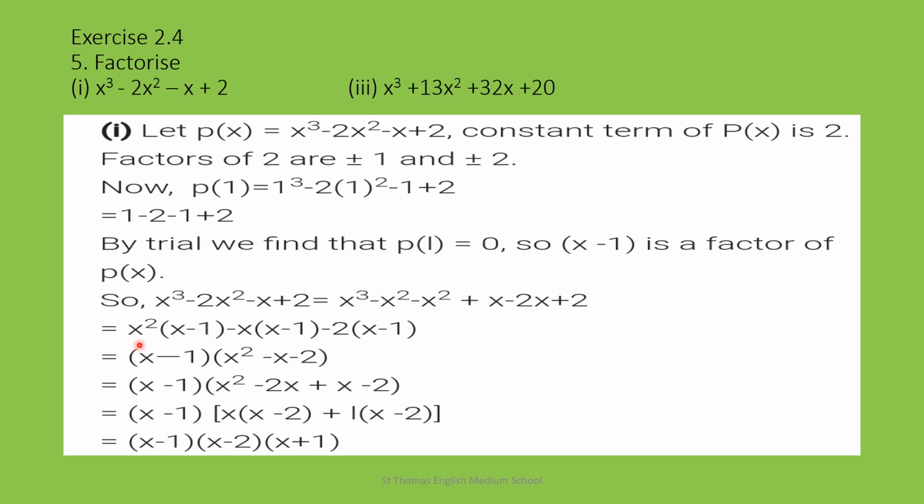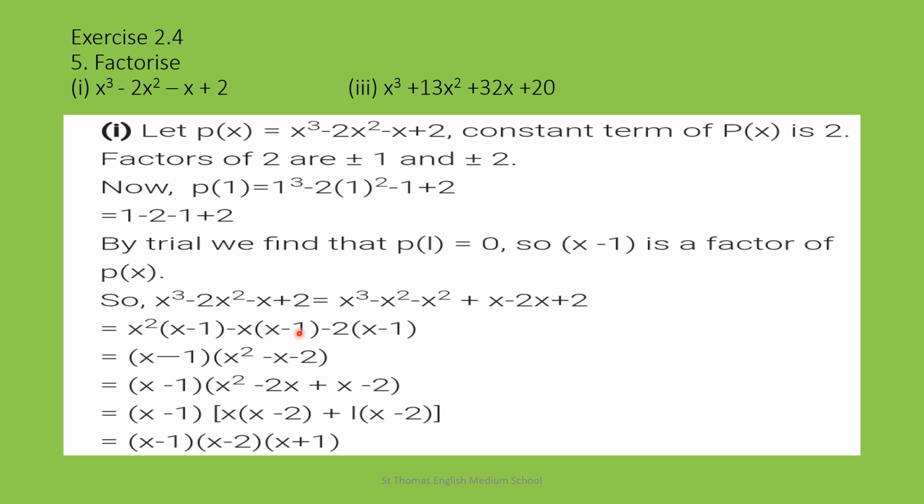So you got a term having x minus 1 as a factor. Now moving to the third term, you already have minus x square and here it is minus x. If you take minus x common, you will get the factor as x plus 1.